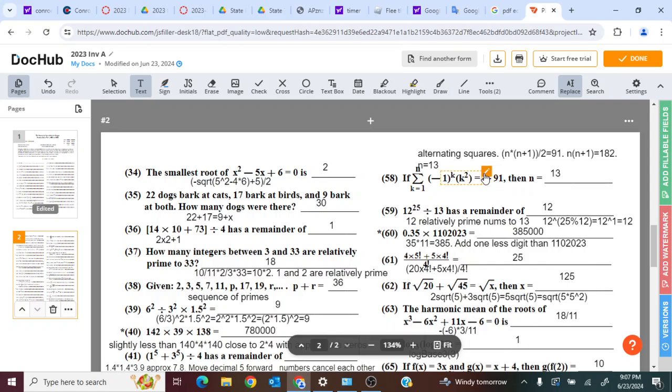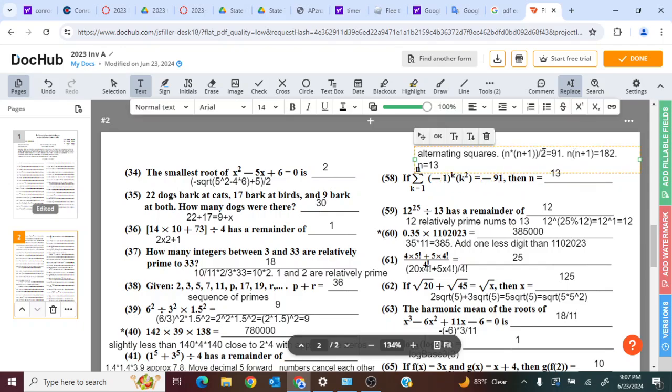If the last term on the alternating squares is odd, then it'll be negative. So do that. Multiplying 2, n times n plus 1 is 182. And as you can see, it's a little greater than 13 squared, a little less than 14 squared. This is clearly 13 times 14. N is 13.